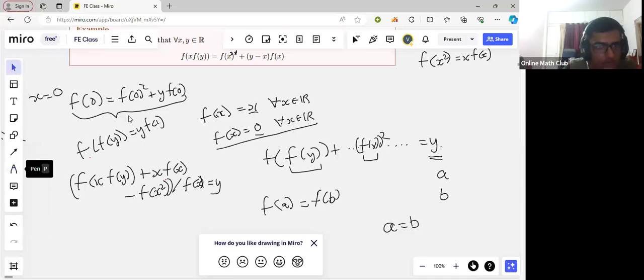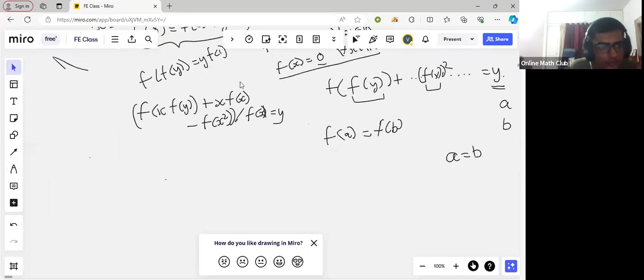I'll probably write it straight. Assuming f of x is not 0.